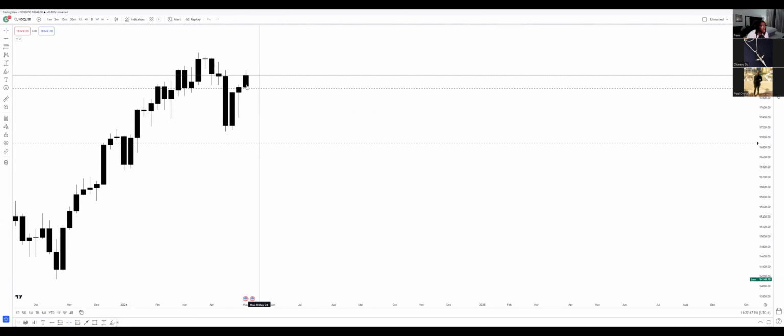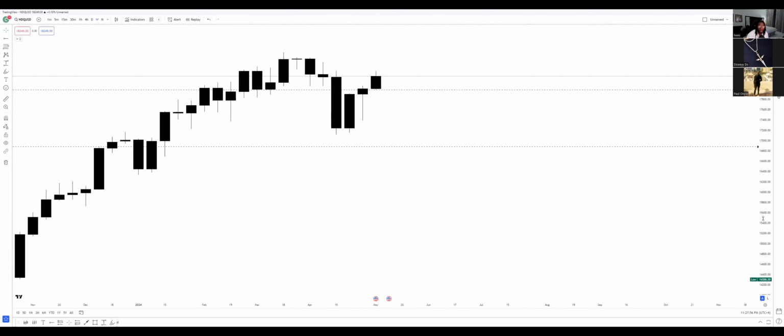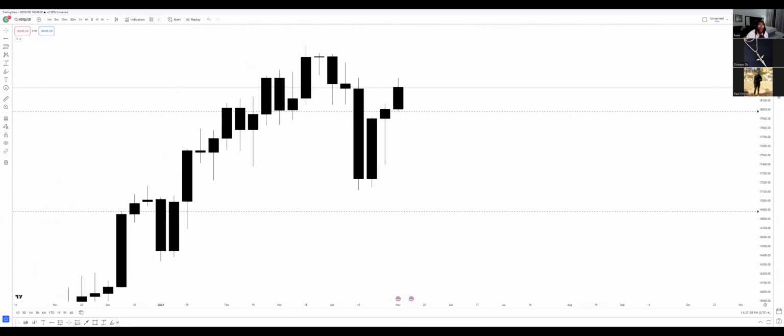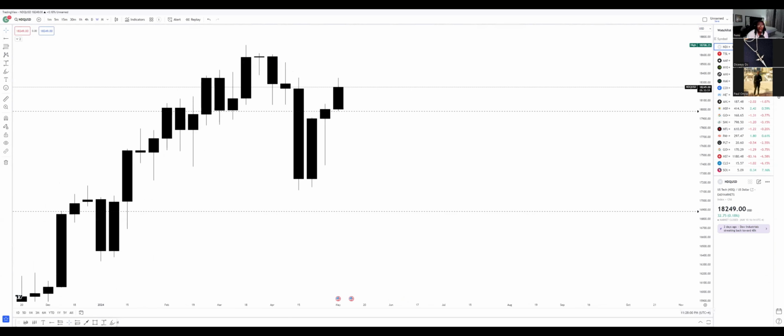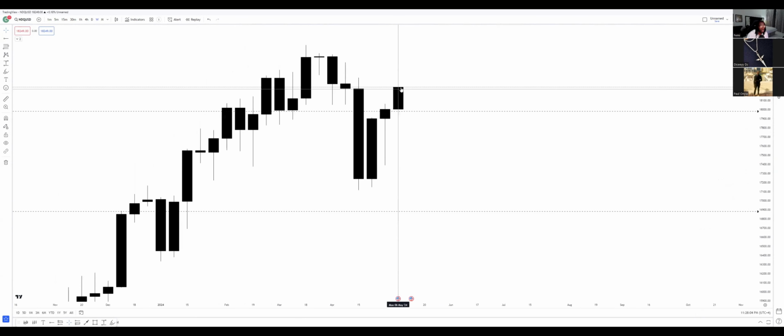We might likely see price continue buying this new week, in my own insight. So we saw this candlestick information here, right? Closing above. Current price is $18,249, right? We saw this candlestick close above this one.